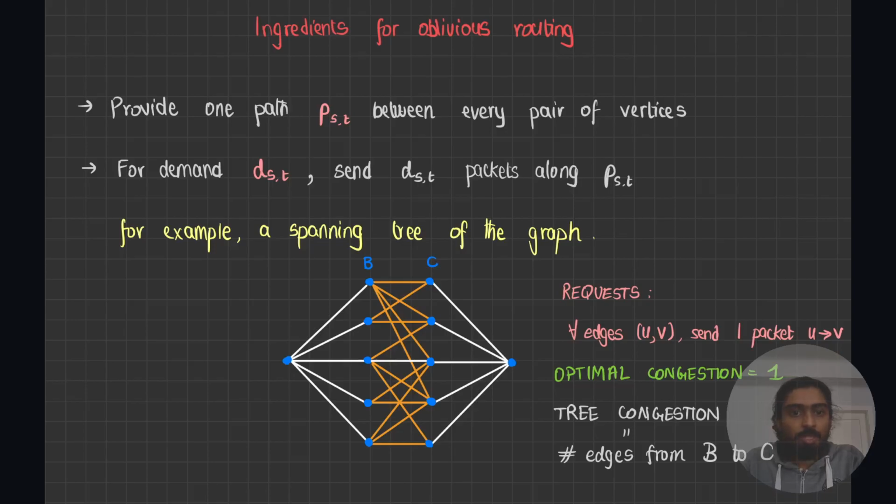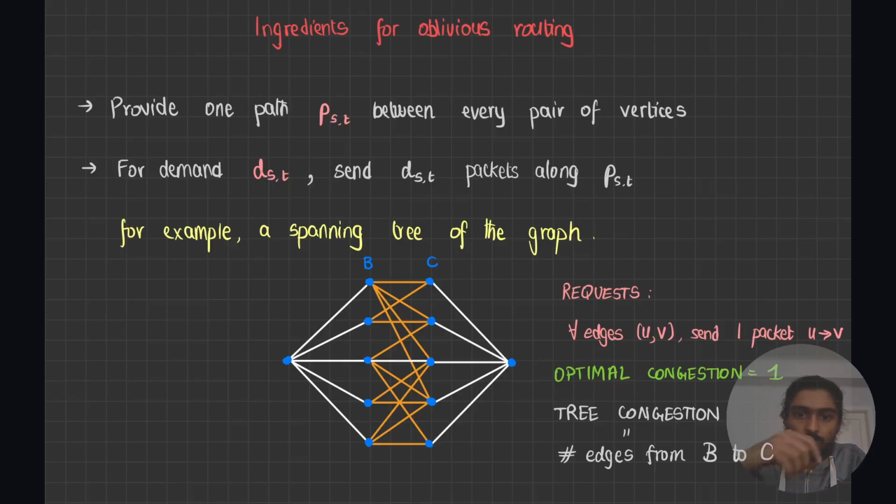But what's going to happen on this tree? Well, you see that most of the edges in the graph are across from B to C. And for each one of these edges, it's going to need to route it across the middle spanning tree edge. And so the congestion of the middle spanning tree edge is going to be as large as the number of edges which go from B to C, which is at least M, right?